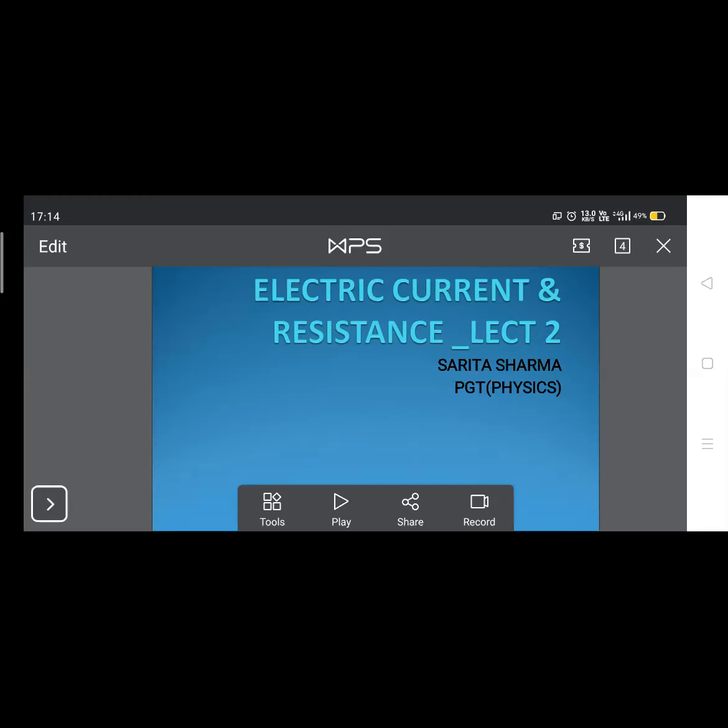And we have already discussed Ohm's law. What is Ohm's law? Ohm's law is V is directly proportional to I. What is V? V is potential and I is electric current. So according to Ohm's law, the resistance of a conductor is the obstruction posed by the conductor to the flow of electric current through it.